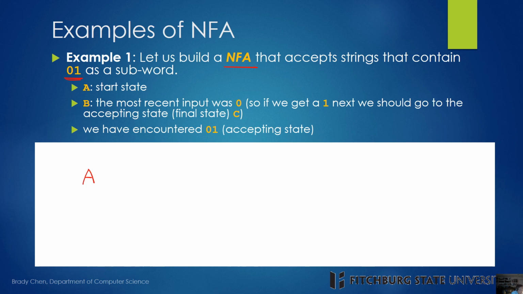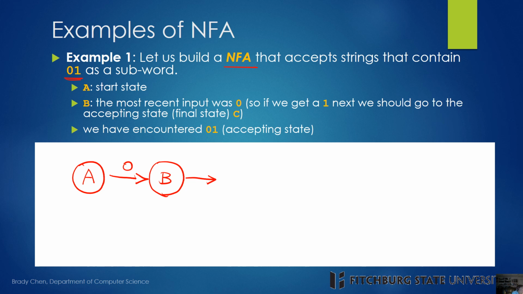Suppose the current state is A. Now, if the input is 0, then we can go to another state B, because this is going to lead us one step closer to the accepting state.